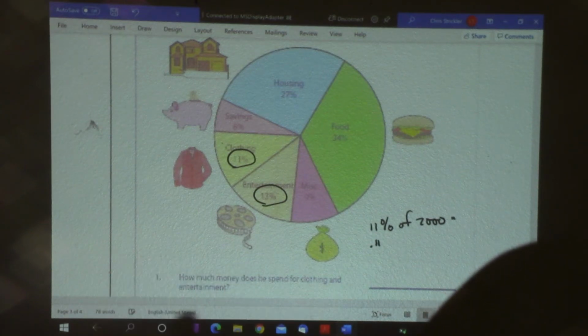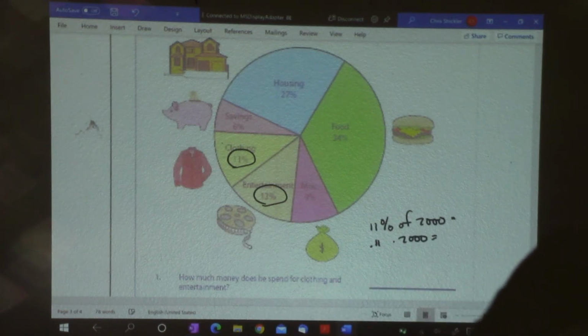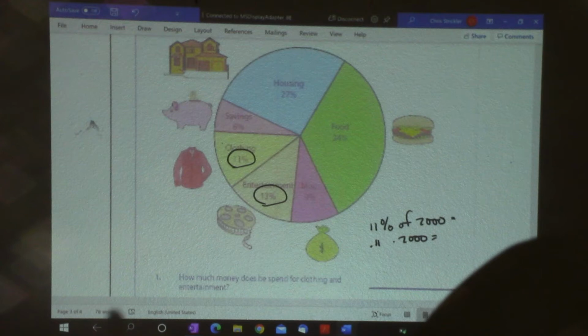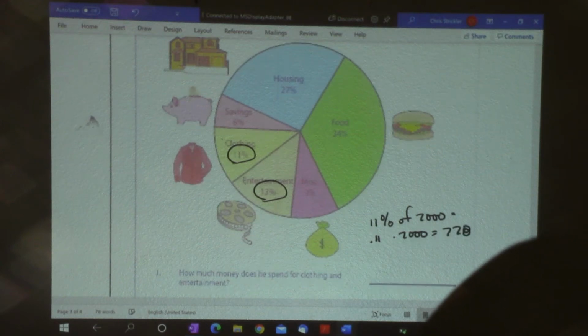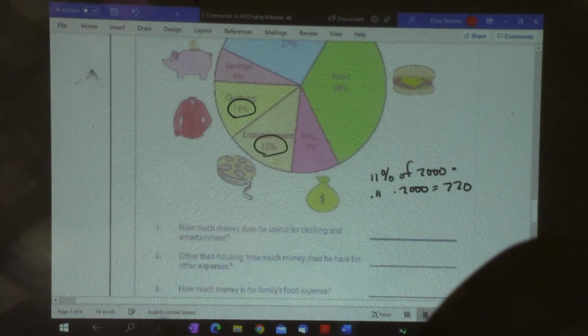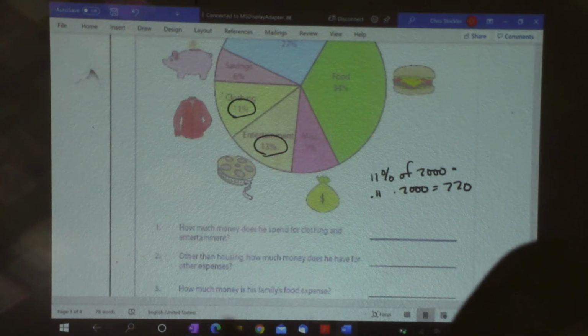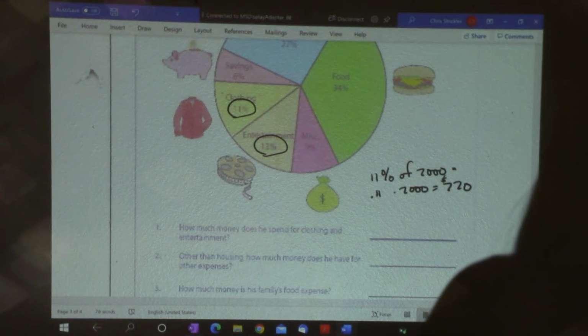And of means multiply. So when I multiply 7,000 by 0.11, I get 770. So that is for clothing. Okay, now that's not the whole answer. Be careful. You have to look and see if when you get an answer, if that is what they're asking for.